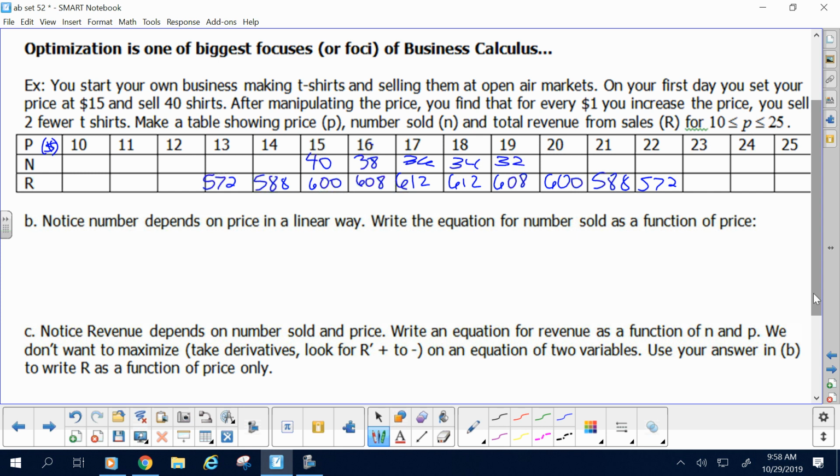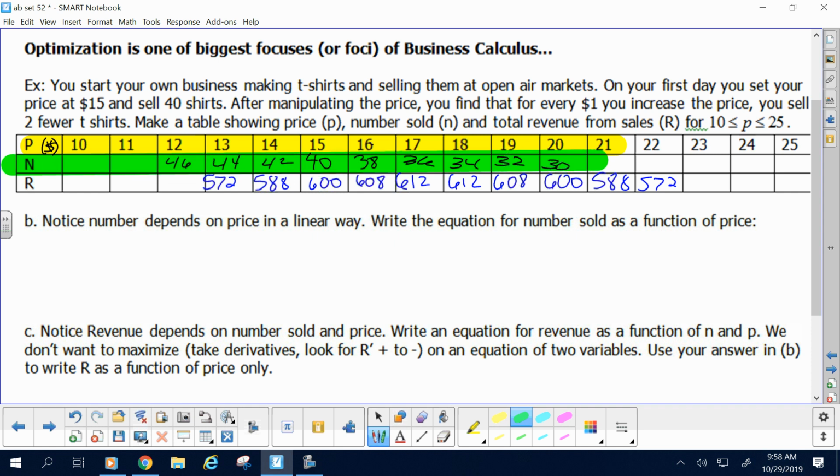I kind of said that's obvious, but the other class did not feel like that was obvious. So maybe we should take a second: looking at this table, when I look at these two columns and say how they relate, what tells me it's linear? Why is it linear?